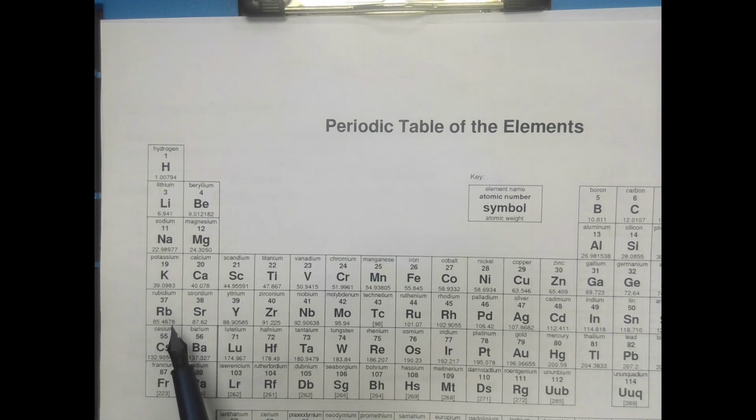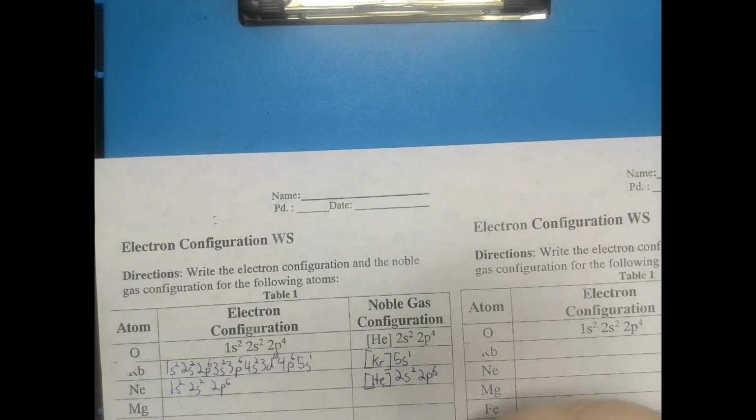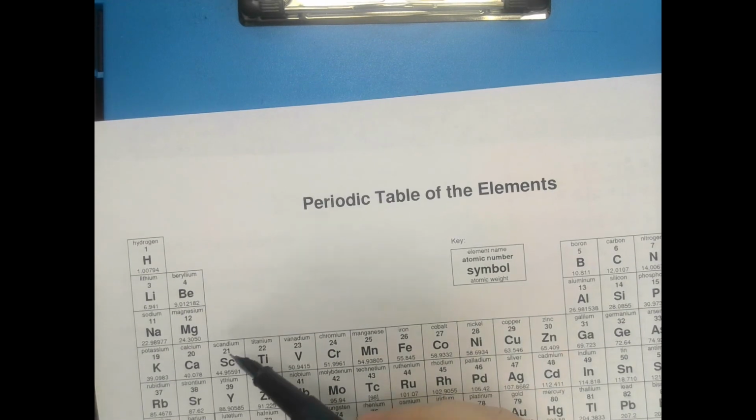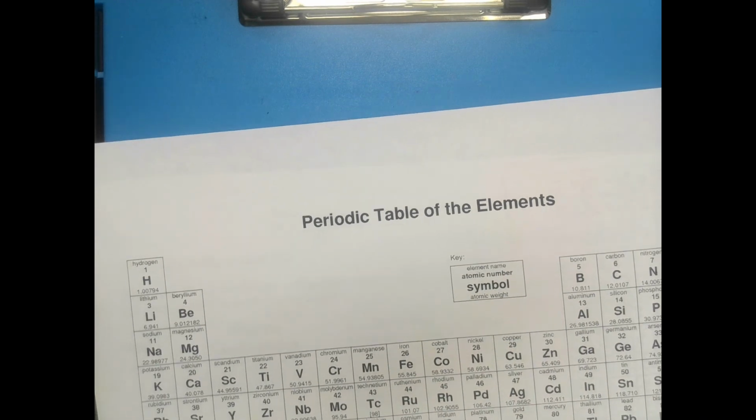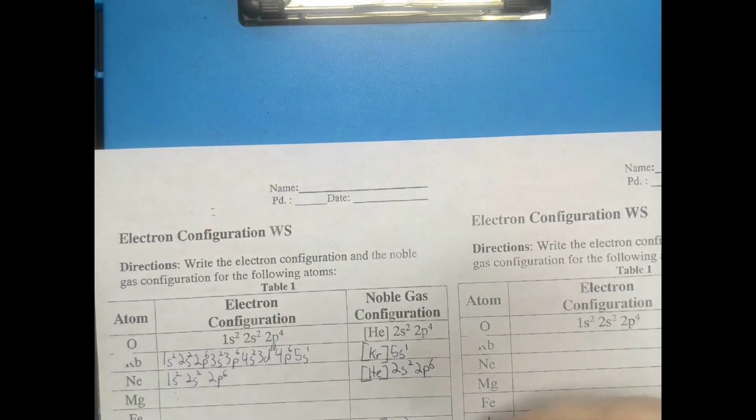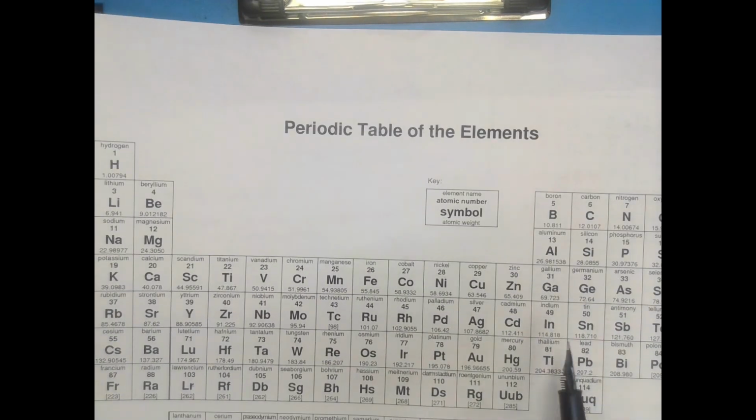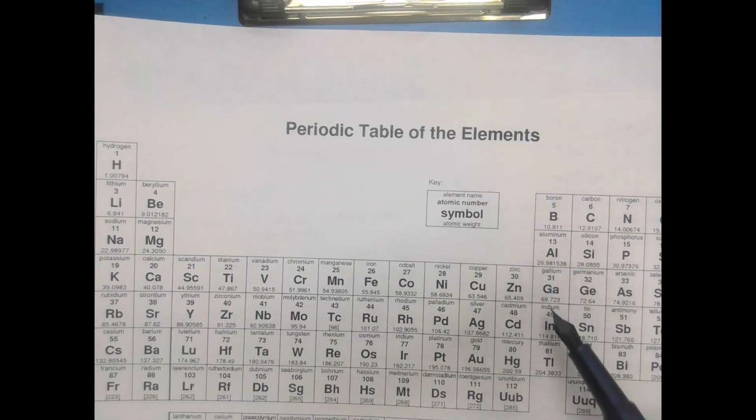So we have 1, 2, 3, 4, 5, so we have 5s2. And then this one starts with 3, so 3, 4, so 4d10. And then this would be 2, 3, 4, 5, so 5p5.